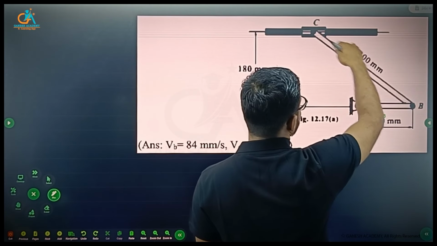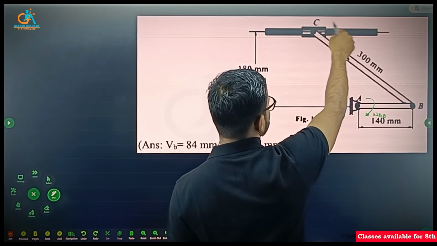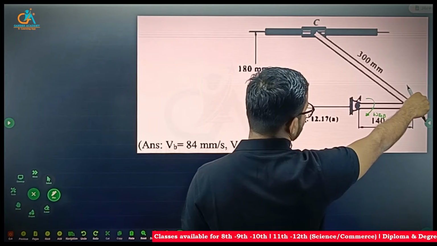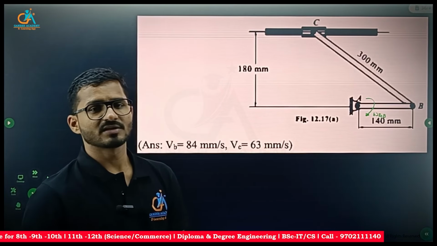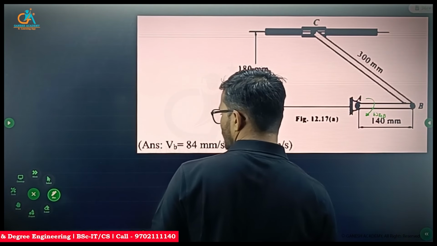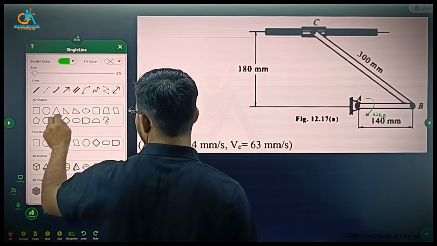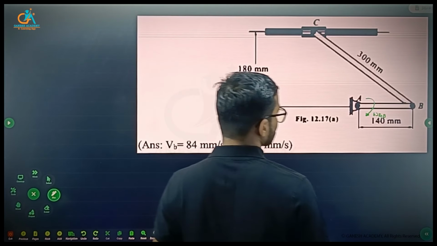BC will perform general plane motion because end C will slide along the horizontal rod, and this rod BC will perform rotation in combination with translation. So you can locate the instantaneous center of rotation by knowing the direction of velocity.